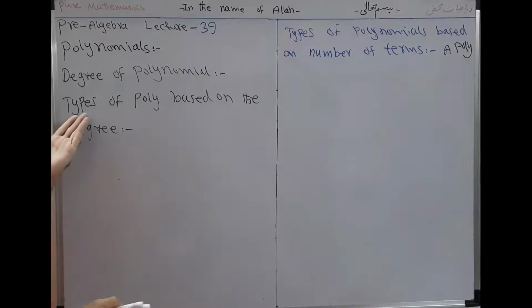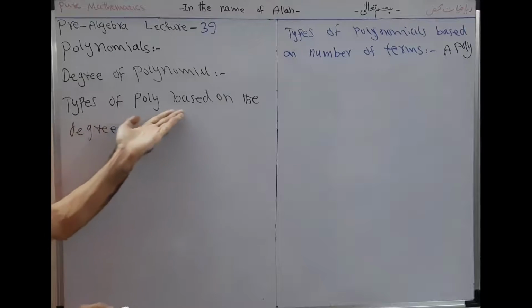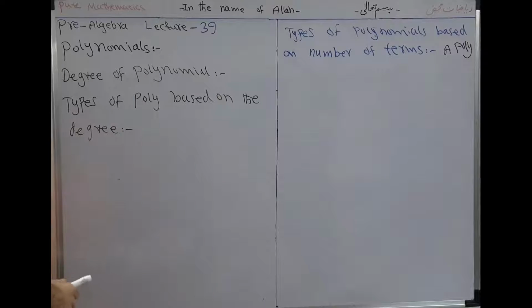This concept covers types of polynomial based on the term. Here we want to explain about types of polynomial based on the degree.